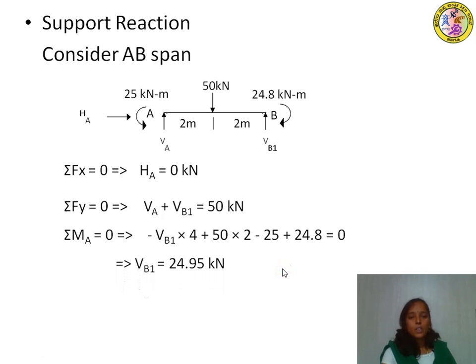Which implies VB1 is equal to 24.95 kilonewton. Hence VA will be equal to 25.05 kilonewton. That is the calculation of reaction for member AB.